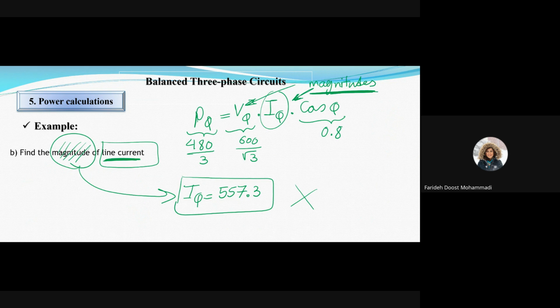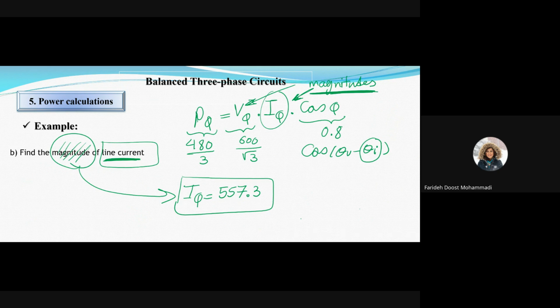So let's assume that I just want to go with the same scenario, but I also want to figure out what is the angle. If you are looking for the angle as well, then you have to focus on the power factor, because we know that the power factor is cosine of theta v minus theta I. So if I'm looking for this one, here is where I can find some information about it.